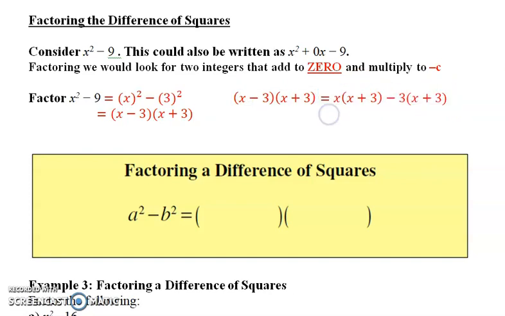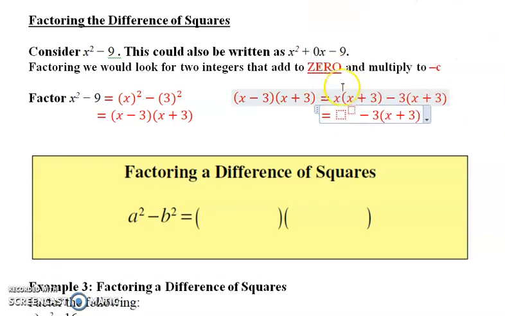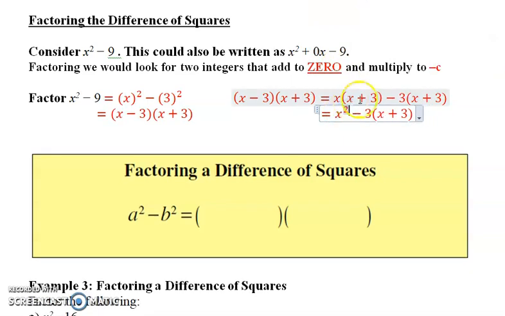So let's multiply this out. x times x is obviously x squared. We have x times 3, which gives us 3x. Then we have negative 3 times x, which gives us negative 3x. We have negative 3 times 3, which gives us minus 9.